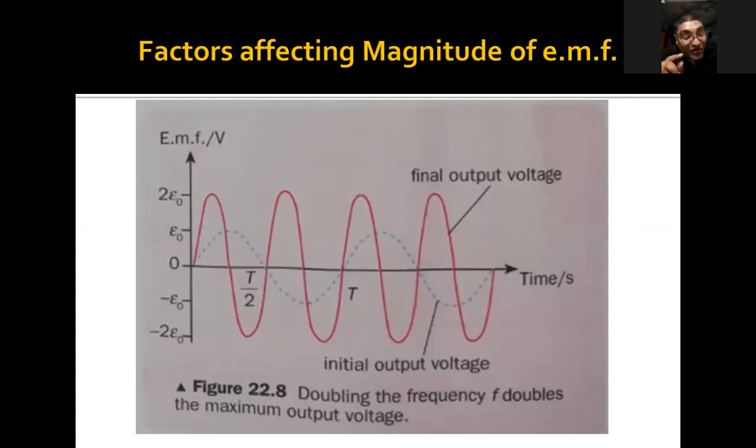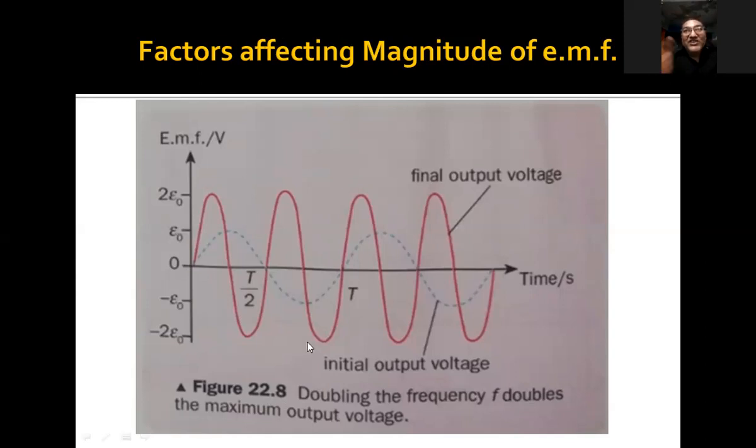Now what you did, you kept all the parameters the same, but now you have started rotating the coil with double the speed. So if the coil was completing one cycle in 1 second, now in that same time it will do 2 cycles.